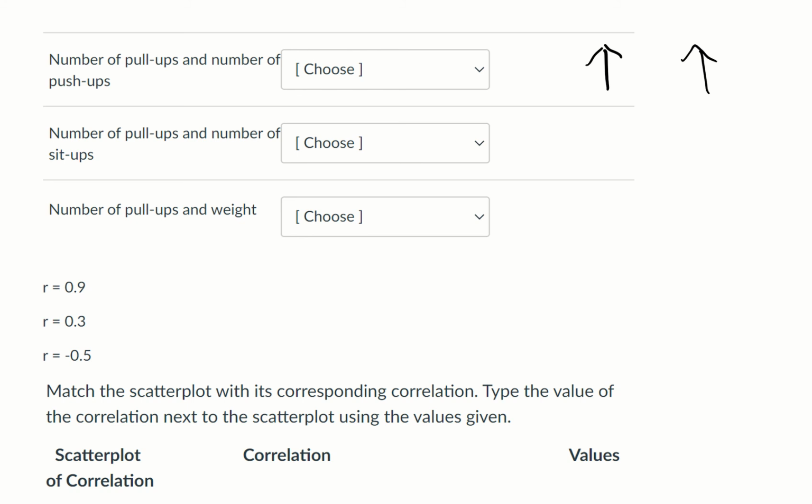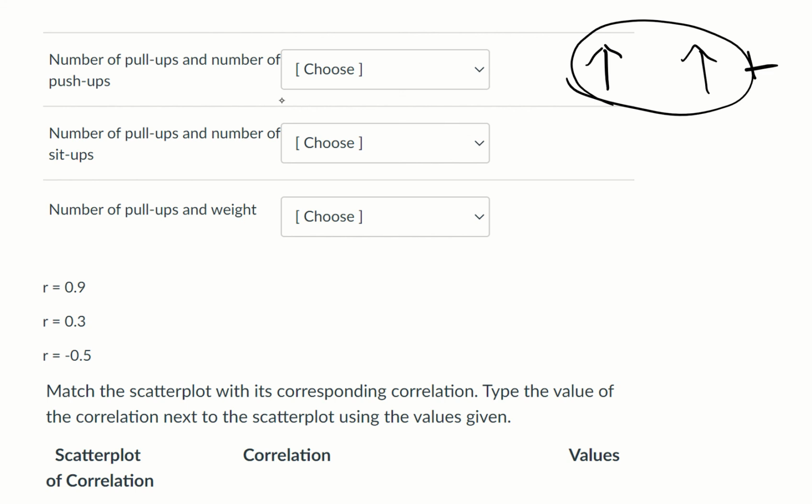So you would think that if you tone your upper body and you train your upper body, your chest for push-ups, and then your arms and your back for pull-ups, then you should be able to do pretty well, right? So there is some kind of relationship between those two. It may not be perfect, but there is some kind of relationship between those. And this is a positive relationship.